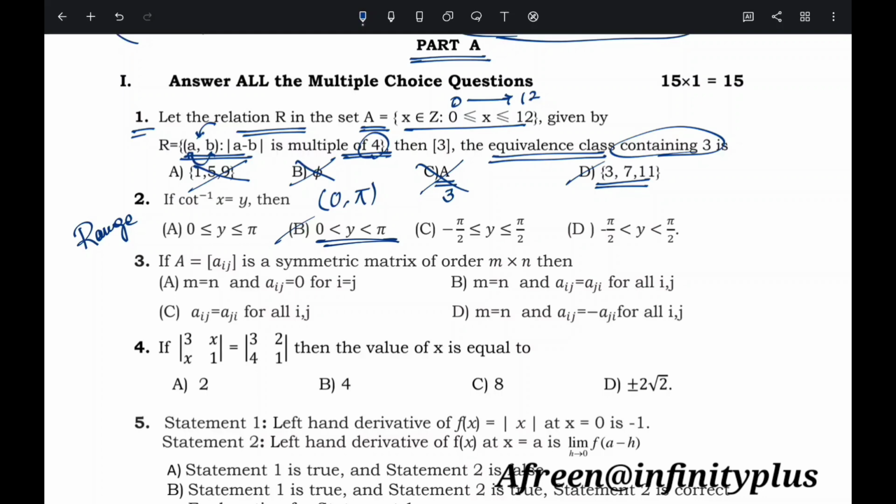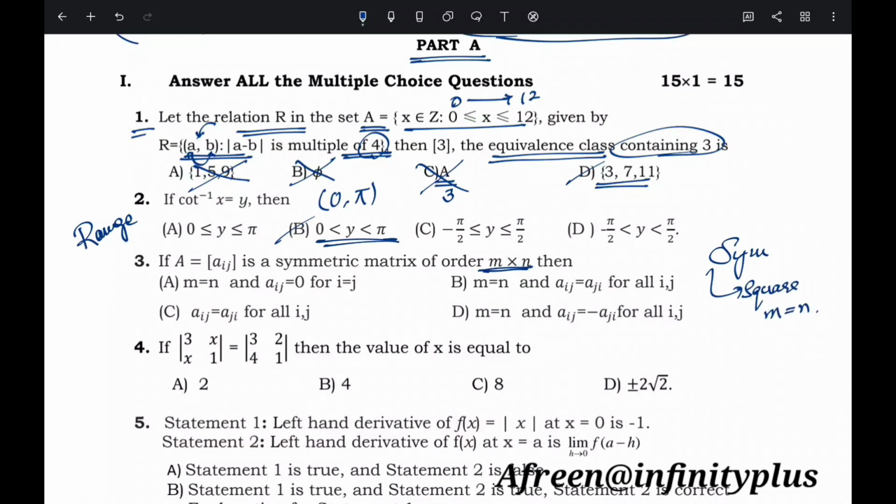Third one we have: A equal to [aij] is a symmetric matrix of order m cross n. Then they are asking which of the following is true if A is a symmetric matrix. We are well aware that if it is a symmetric matrix, it should be a square matrix. Square matrix means m should be equal to n.